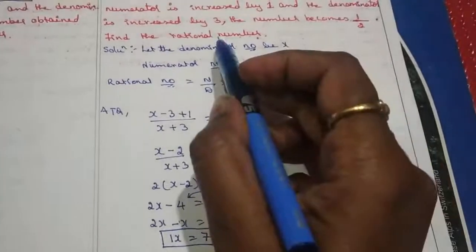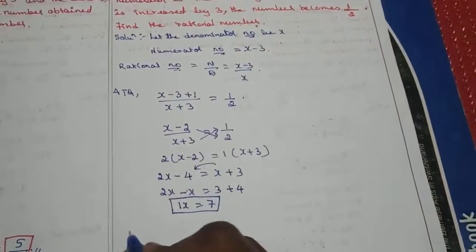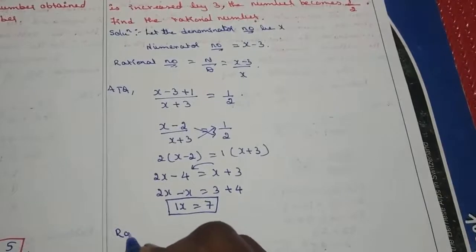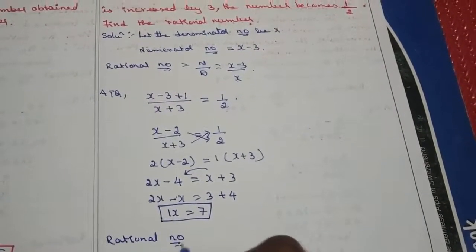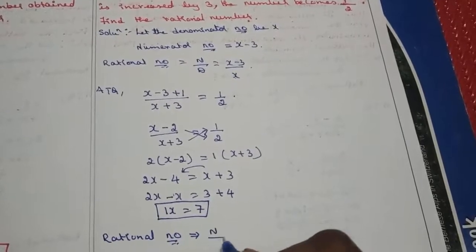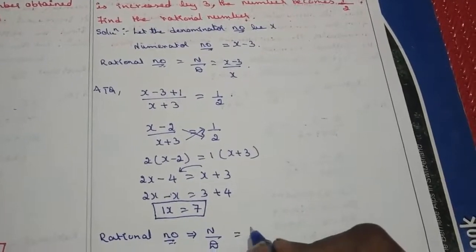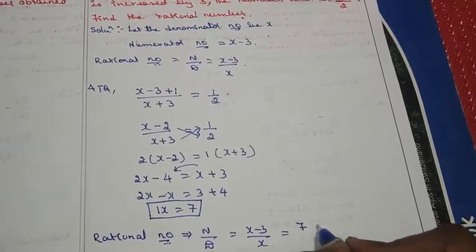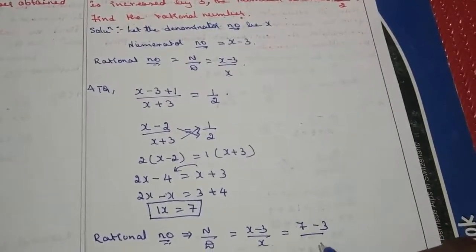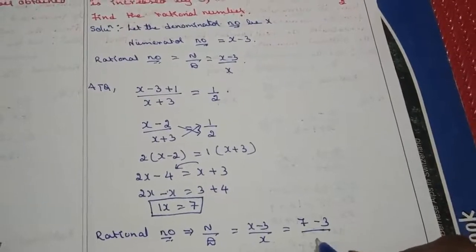And here he is asking to find the rational number. So rational number equal to numerator by denominator. We had x minus 3 by x. Substitute the value of x in the rational number, and we'll get the answer.